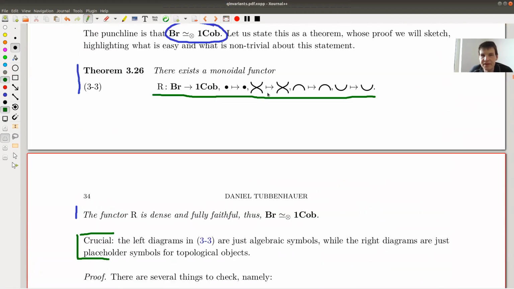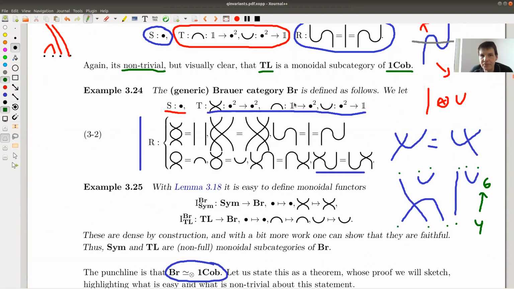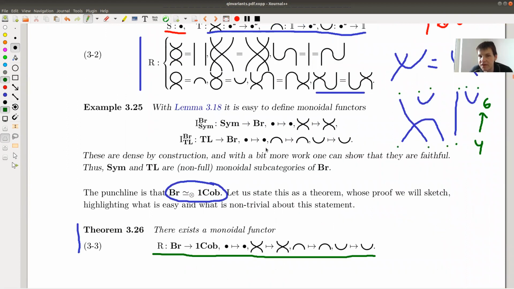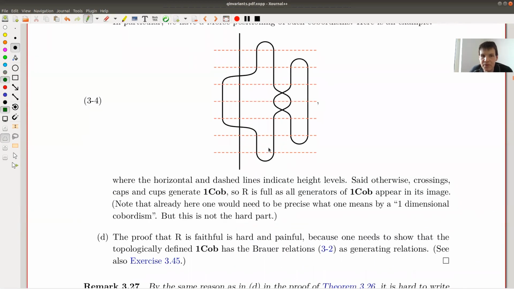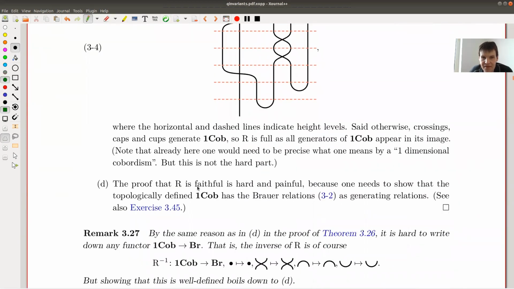Showing that the functor is well defined is easy because, of course, those relations hold in one-dimensional cobordisms. The only complicated thing is that it's faithful. This is painful, and I just don't want to do it. Basically, you need to find a normal form for one-dimensional cobordisms.